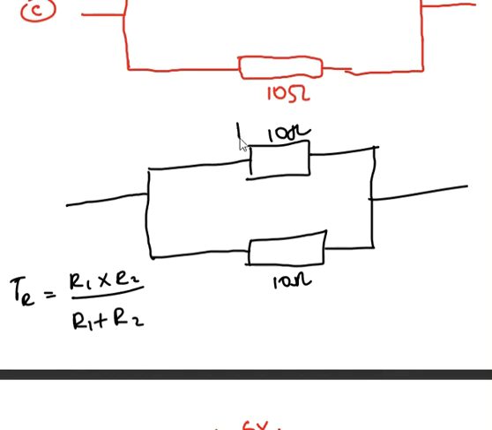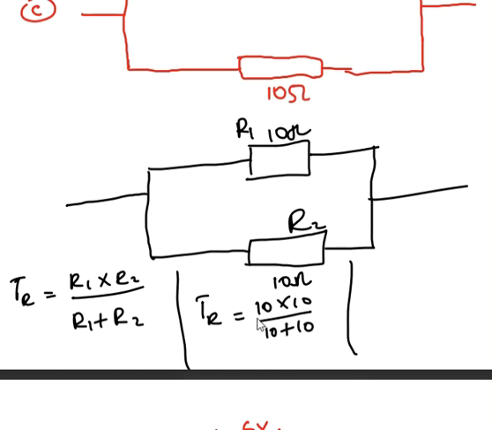So total resistance is equal to 10 times 10 over 10 plus 10, ndeti 10 times 10 ndi 100. 100 divided by 10 plus 10, ndi 20. Ndeti tikapanga divide, ndeti tipeza 5 ohms.